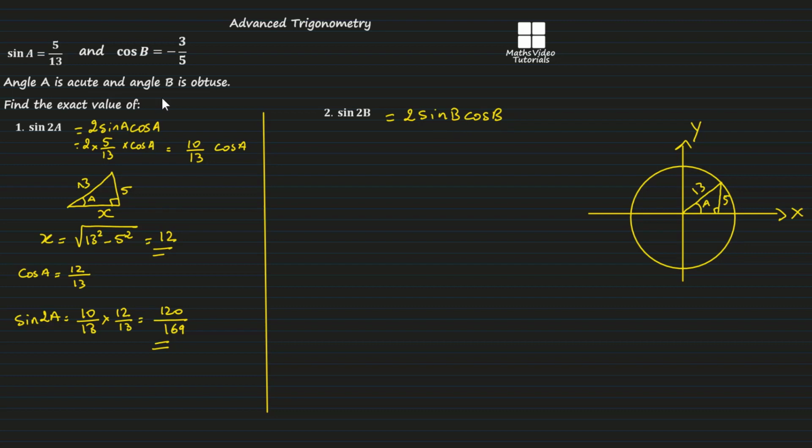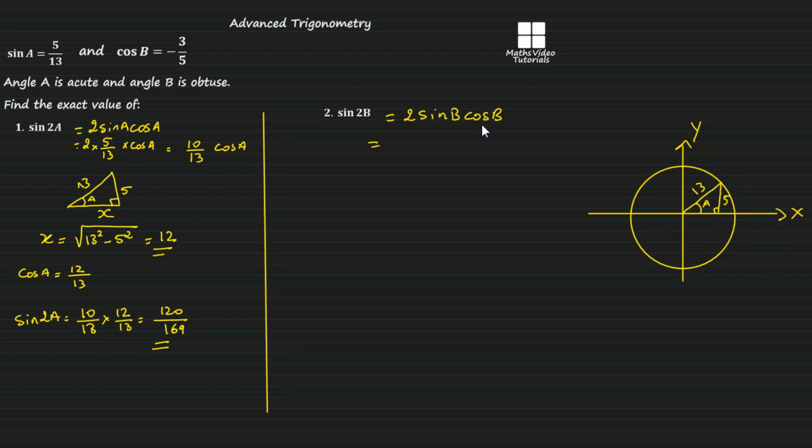In the exercise, we are told that the angle B is obtuse, so it is in the second quadrant, between 90 degrees and 180 degrees. So we expect the sine to be positive and the cos B to be negative, as it is given to us here, minus 3 over 5.